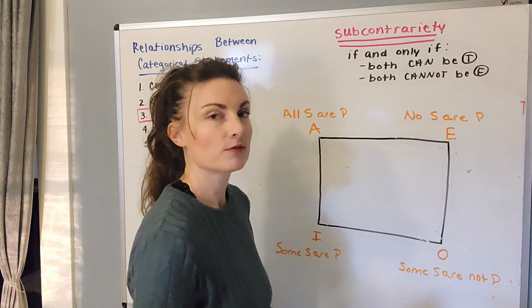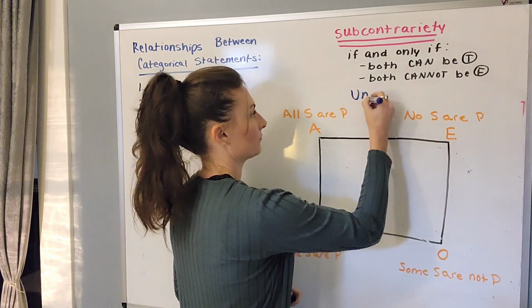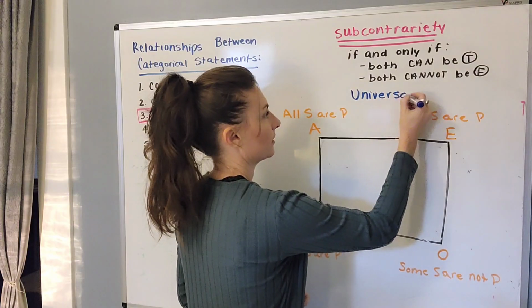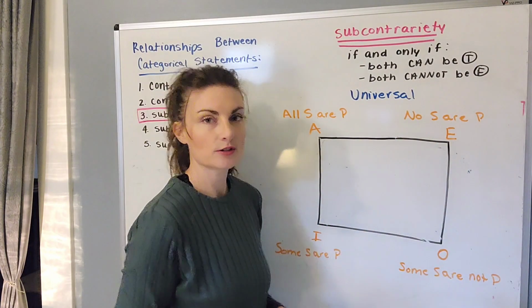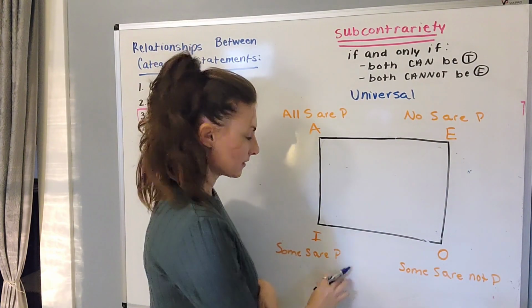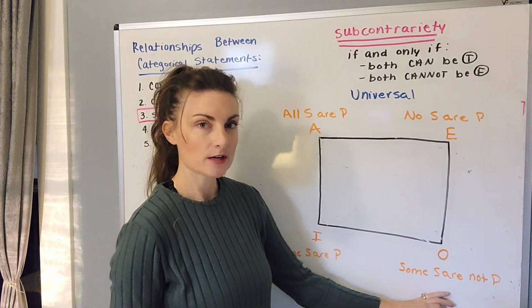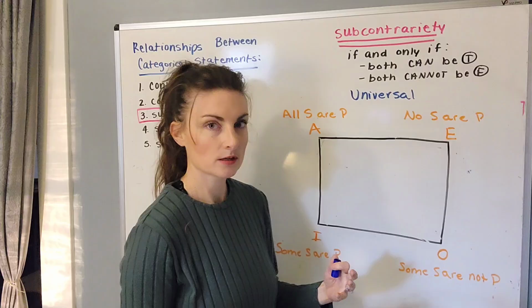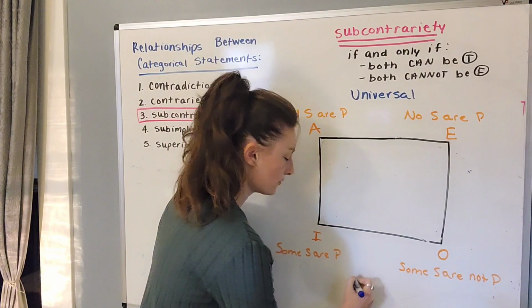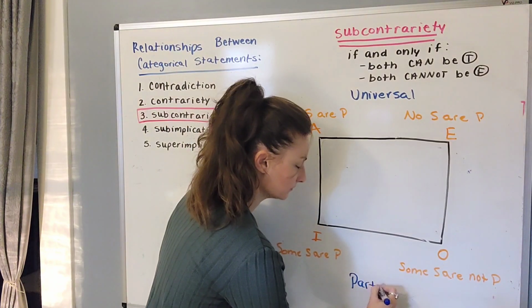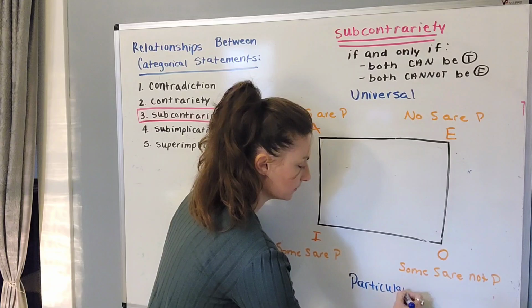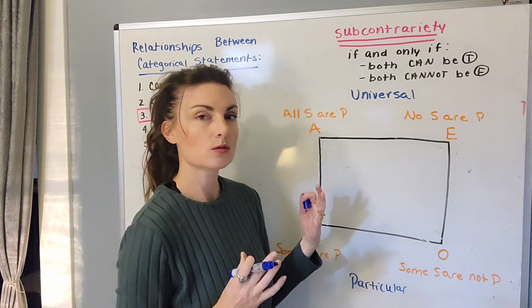So up at the top, we have universal. The entire extension of the subject is discussed. Down here at the bottom, it's some are, some are not. So we're only looking at part of the extension of the subject. So this will be particular.